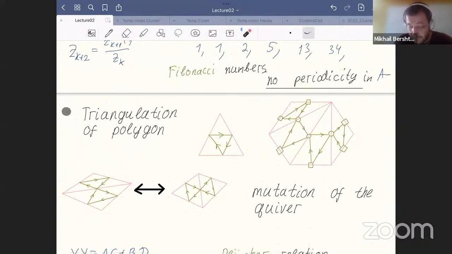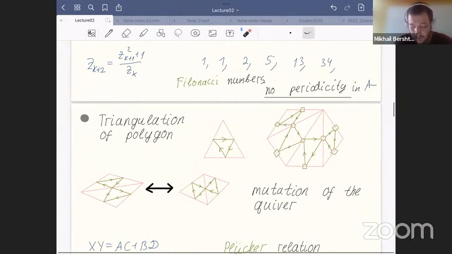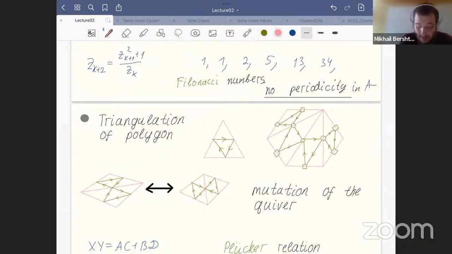So starting from the triangulation, we assign vertices to each diagonal used in the triangulation and each side of the polygon, and assign the vertices like this. This is how we construct the quiver, the combinatorial data for the seed, and then the algebraic data.